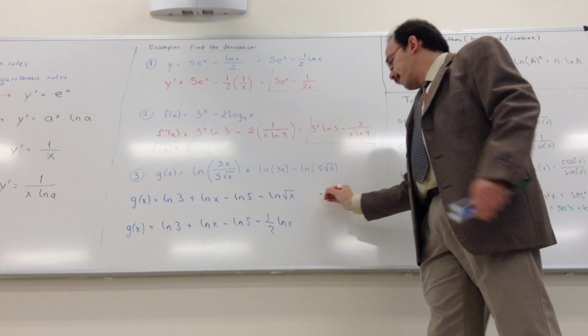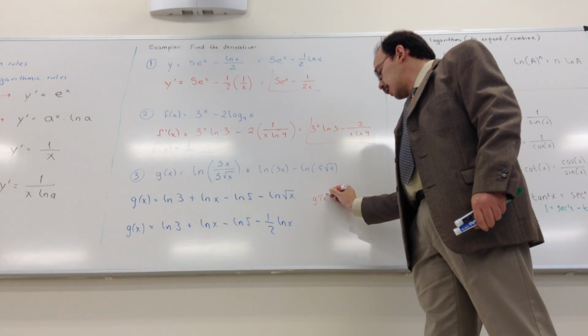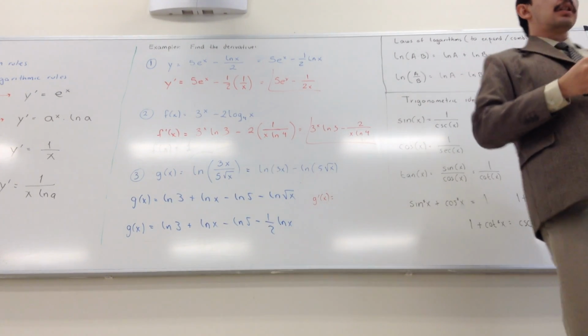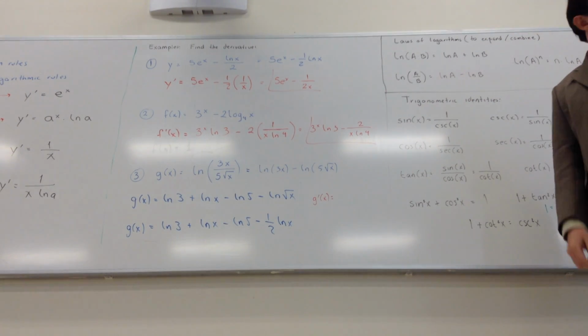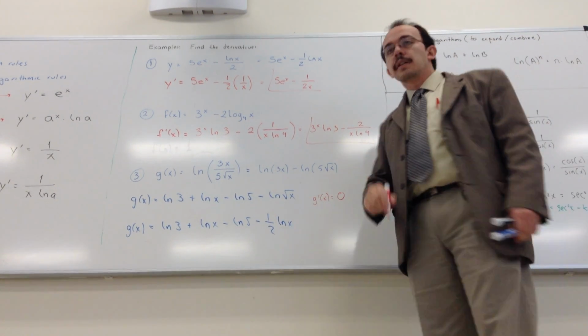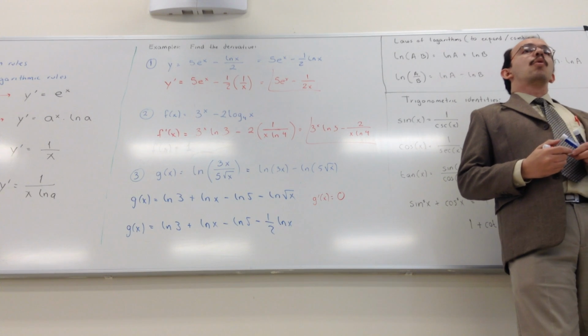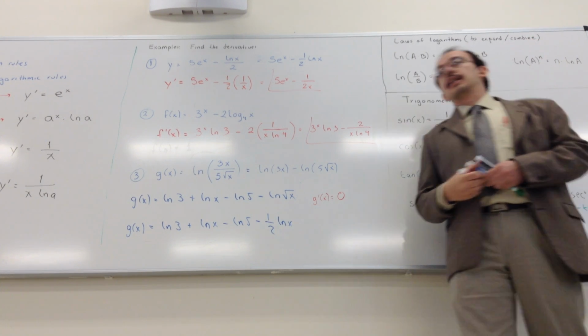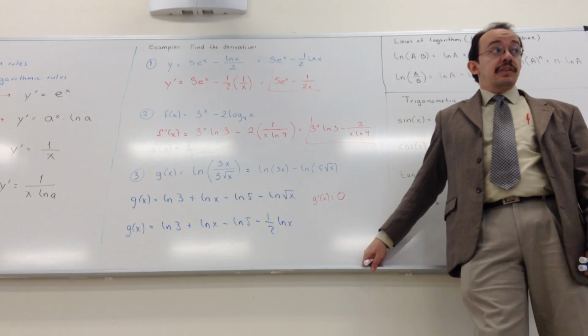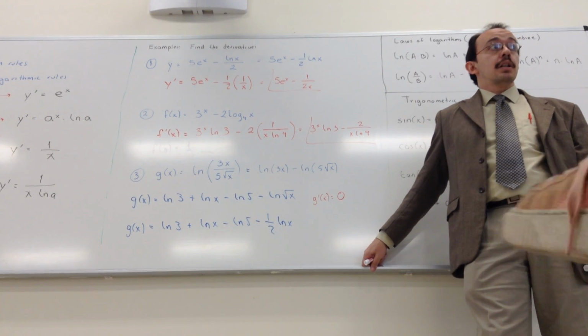So, derivative. ln of 3 derivative. Why? Because it's a constant. ln of 3 is a constant. ln of 3 is a number. How do you know that?